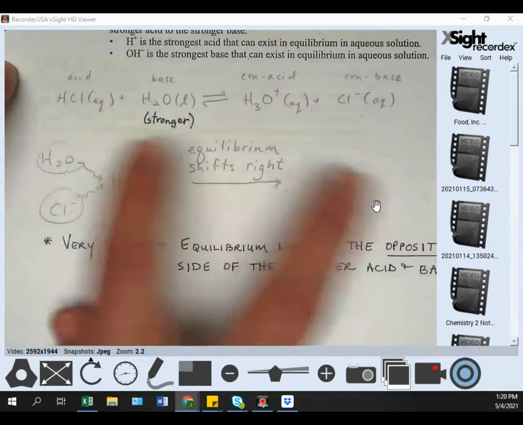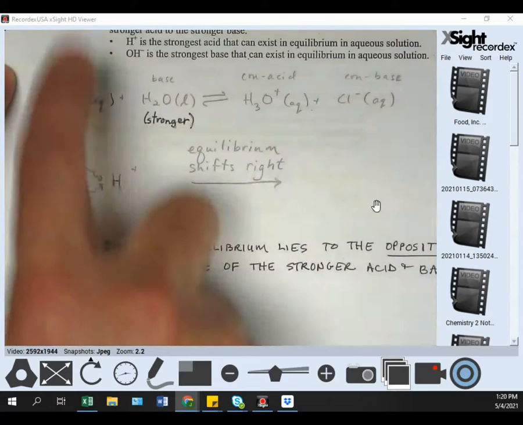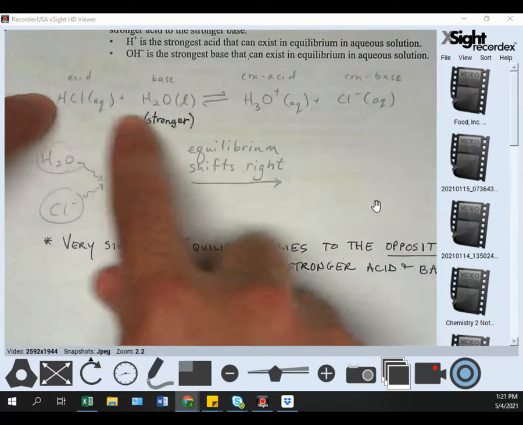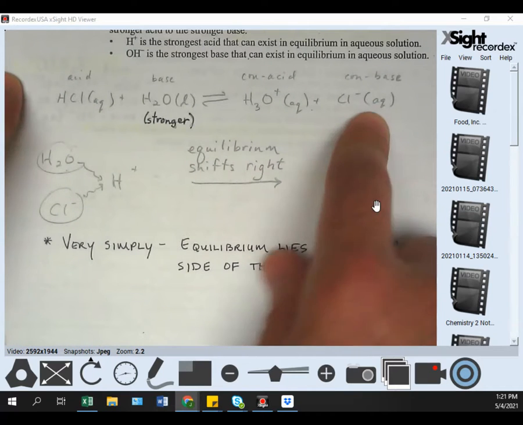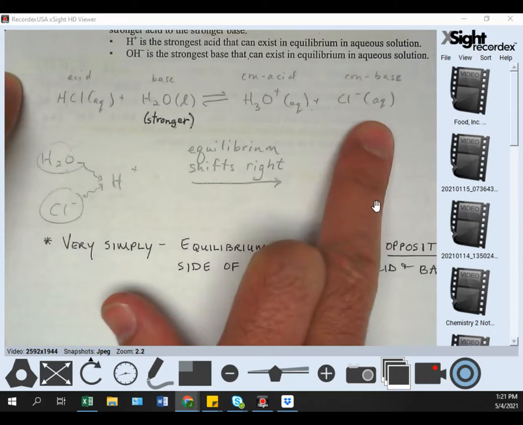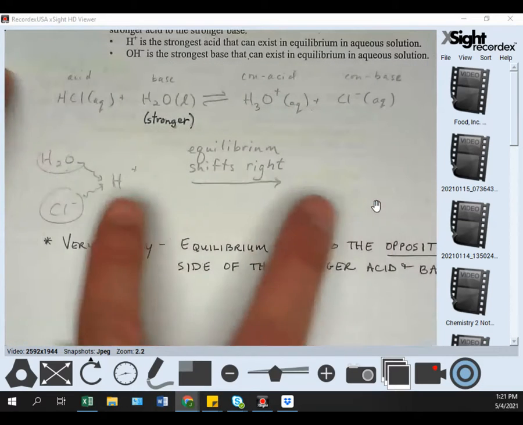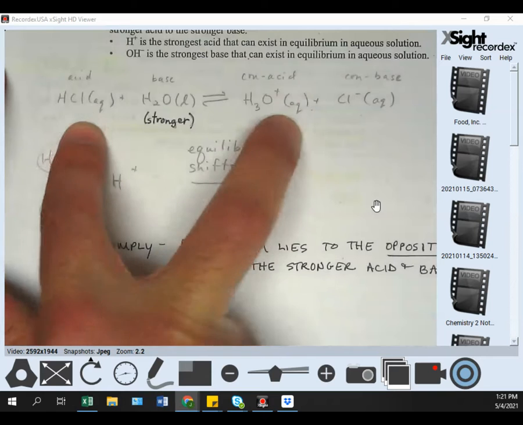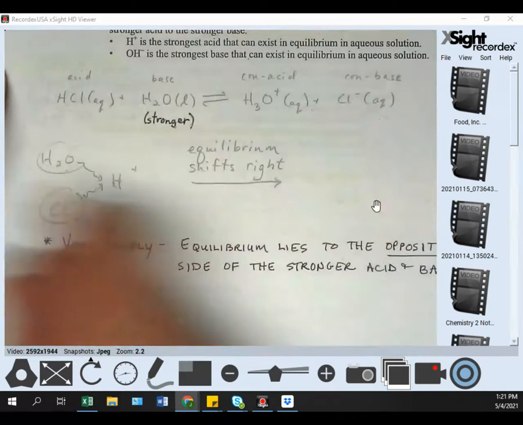Here's the part you've got to be aware of, though. HCl is an acid, and it turns into the conjugate base Cl minus. But when you compare, you're comparing the acid to the conjugate acid and the base to the conjugate base, not to what it turns into.